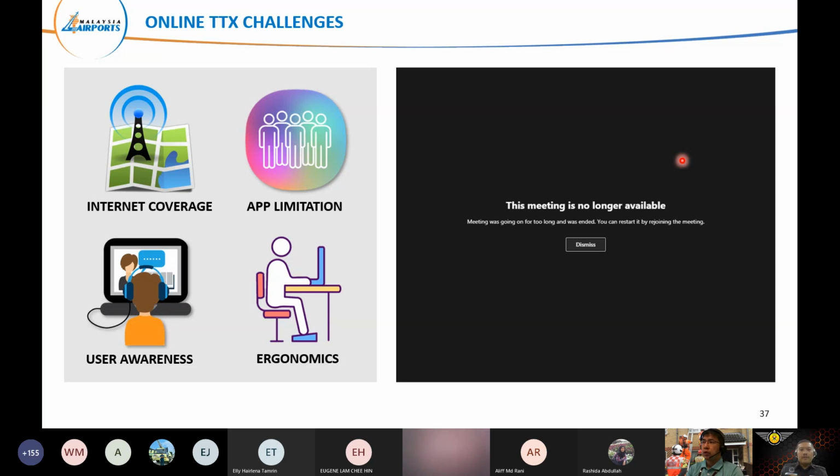Maybe we cannot sit together with a few participants, because there will be some echo when we try to talk. So user awareness is also an important challenge for us, because we have some etiquette to adhere to.